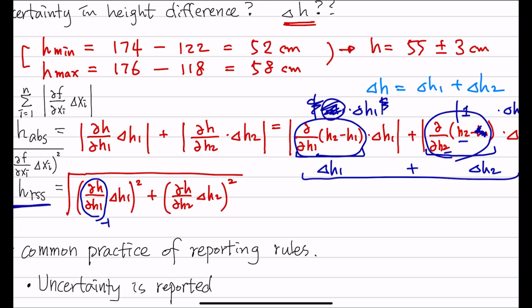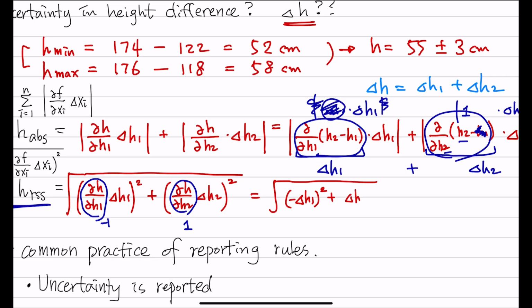And this one is 1. So what we have is the square root of delta H1 being squared plus delta H2 being squared.